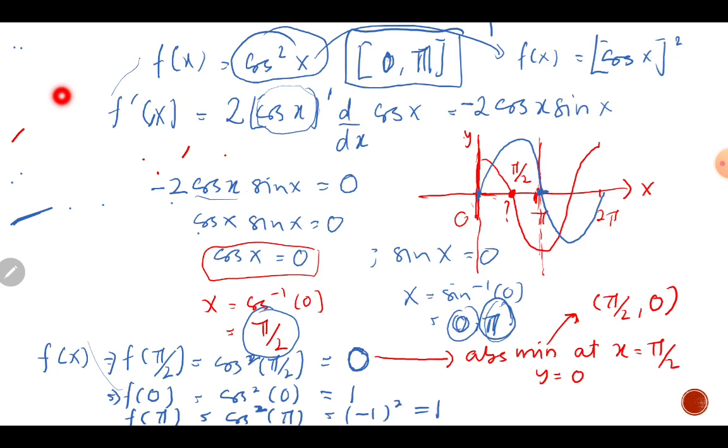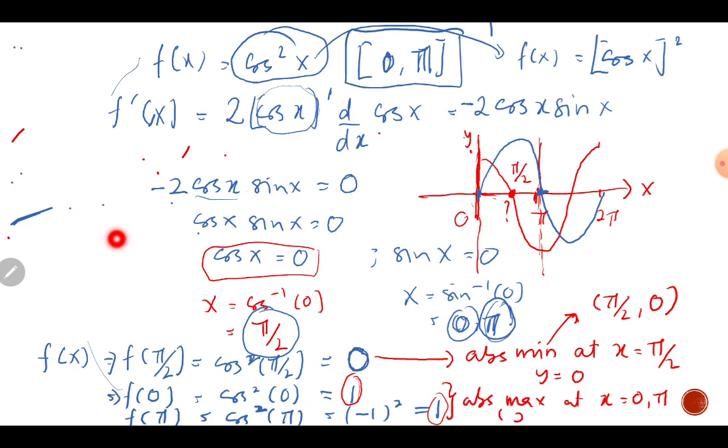Whereas untuk maximum kita ada dua value lah sekarang. Y equals to 1. Absolute maximum kita at x equals to 0 and pi. Kita ada dua values where both return the same value of y, which is 1. So kita ada dua point of absolute maximum here.